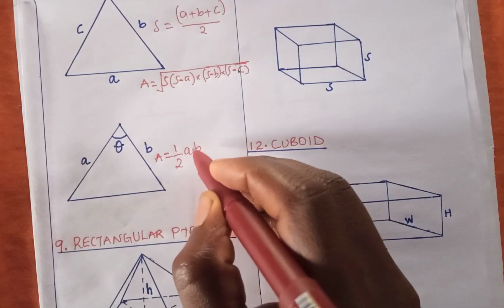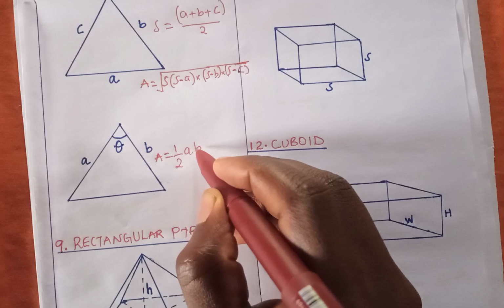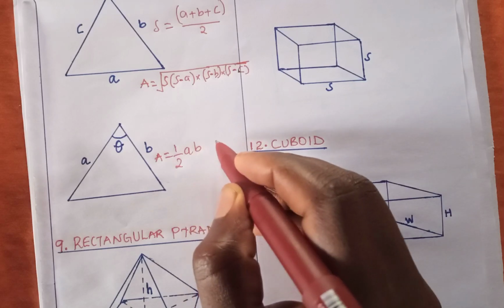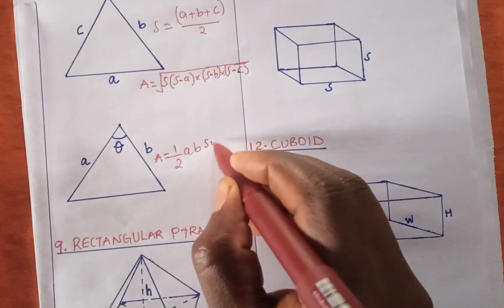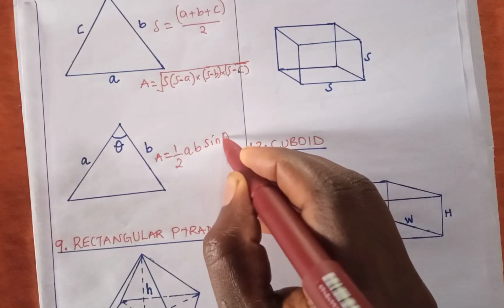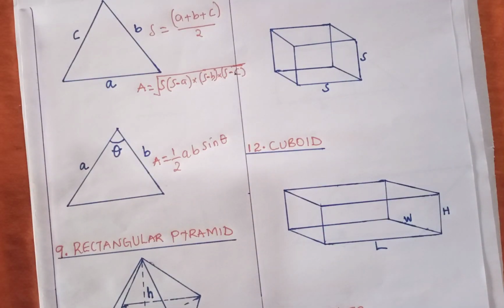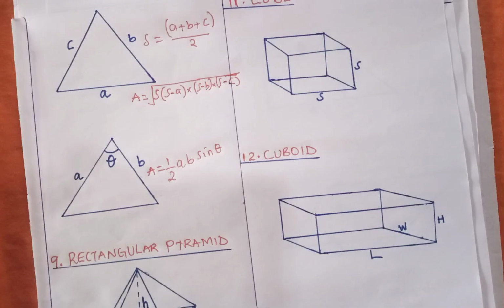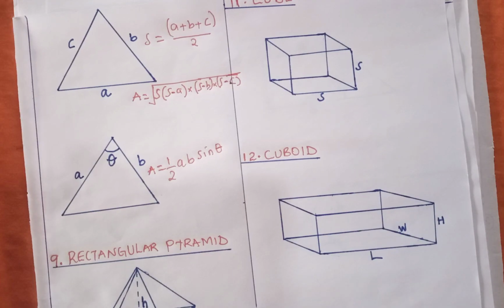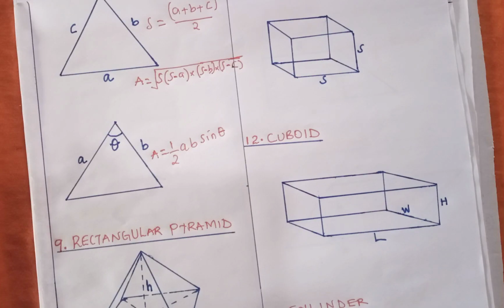AB simply means the product of A and B, and theta in this case is just an angle. You will be given an angle in your exam.